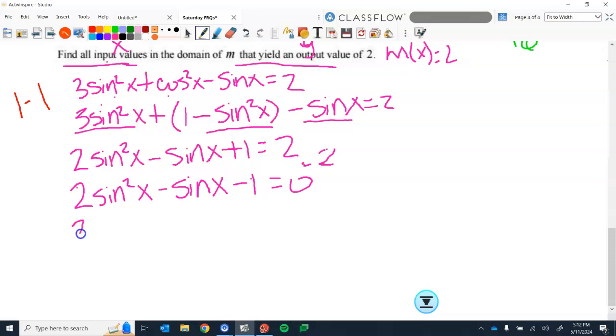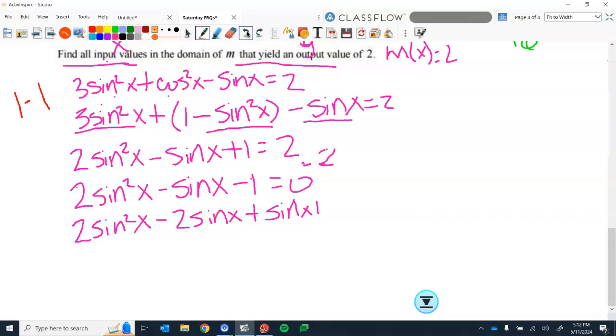So I'm going to split this, and I'm going to get 2 sine squared x minus 2 sine x plus sine x minus 1 equals 0. Then I factor by grouping, right?